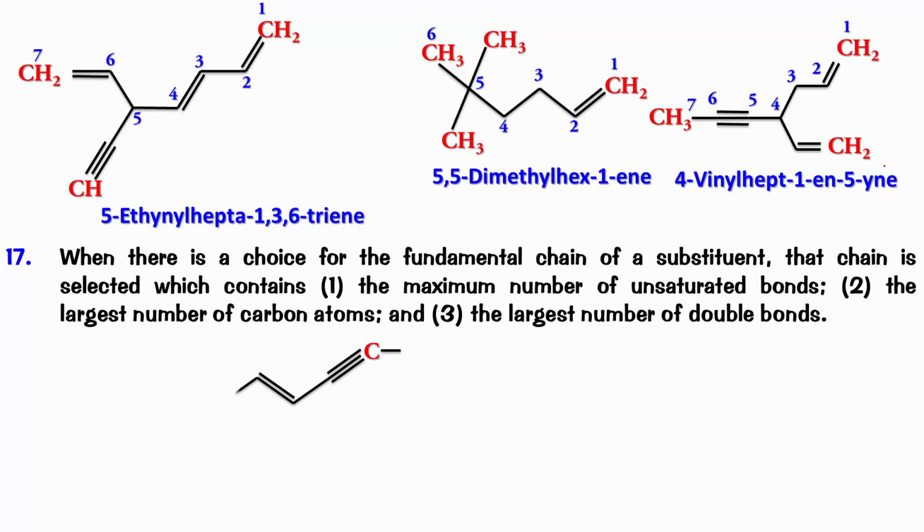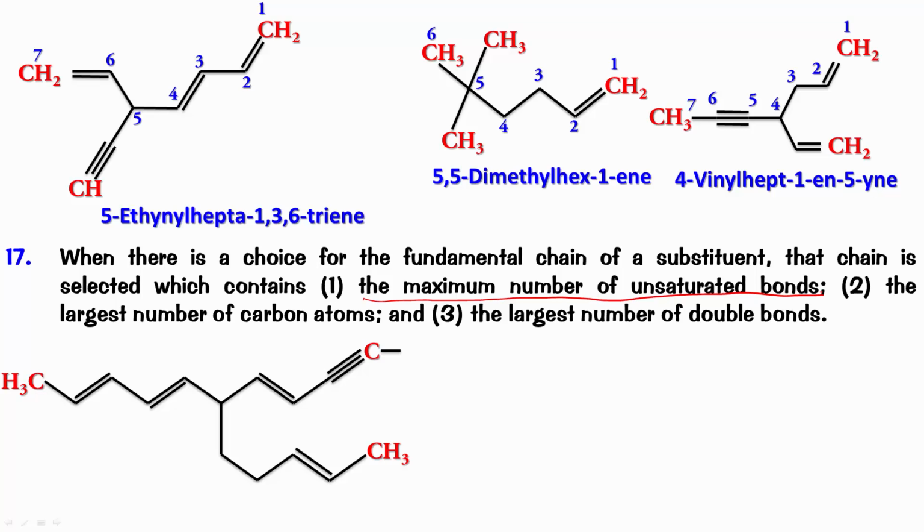Remember, it's a side chain. We are talking about the branch. This complete thing is a branch in a parent chain. So what would this branch be called? To call this branch, you need to first locate the fundamental chain of the branch. Again, what is the logic? The maximum number of unsaturated bonds.